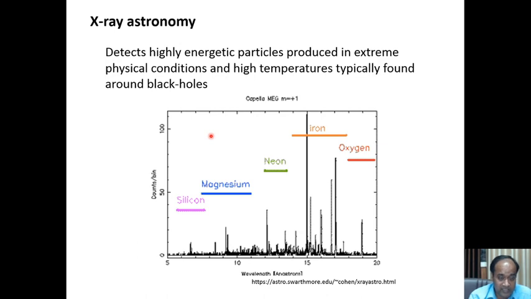And so a lot of black hole physics is done using X-ray astronomy and X-ray spectroscopy, which enables you to detect highly ionized species of oxygen, iron, neon, magnesium. So these are all higher atomic number elements which produce the X-ray lines very easily. So this information is very crucial to derive such extreme temperatures around these energetic sources, something like black hole physics and all that.